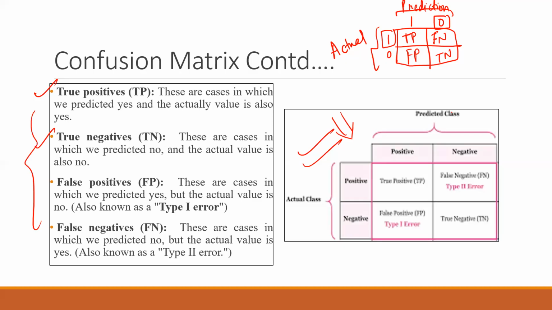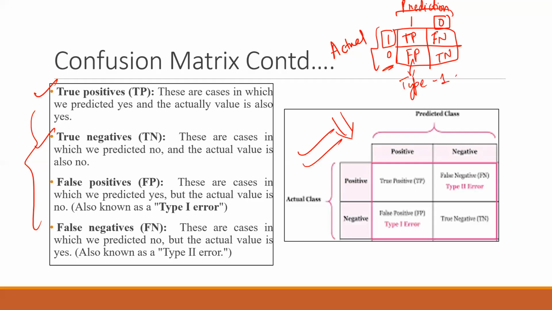But one point to remember here is type 1 and type 2 error. When you are saying 1 to an actual 0, it was 0 but you are saying it as 1, this is called type 1 error.